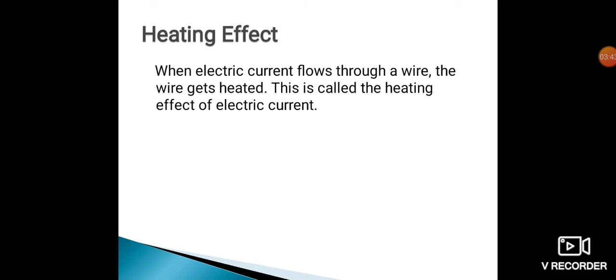As current faces the opposition, that electrical energy gets converted into heat energy, and this is the principle by which electric current gets converted into the heating effect.